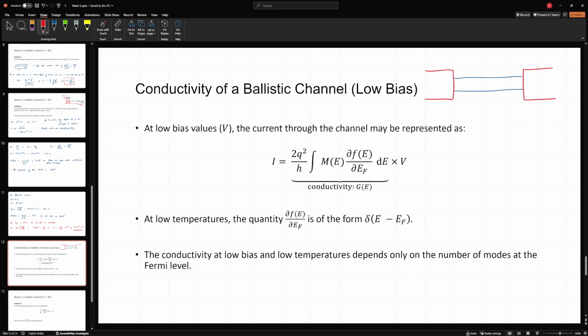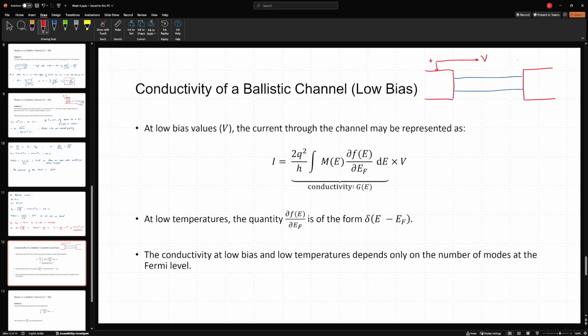So when I have this kind of a situation, and again we are only looking at a two-terminal device, let me say I have a voltage V. I want electrons to move from my source to my drain.